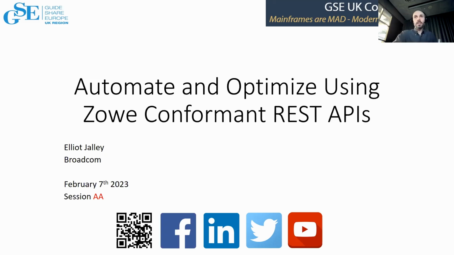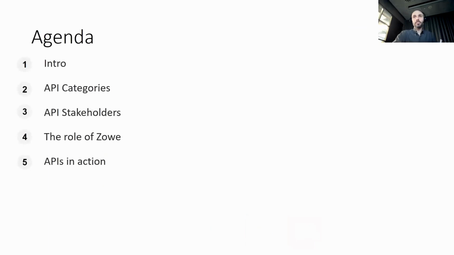Okay, let's get cracking. Today I'm going to talk about all things mainframe API. I'll start by looking at different categories of APIs available in a mainframe environment. We'll take a look at the two distinct groups of developers involved in providing and consuming these APIs.